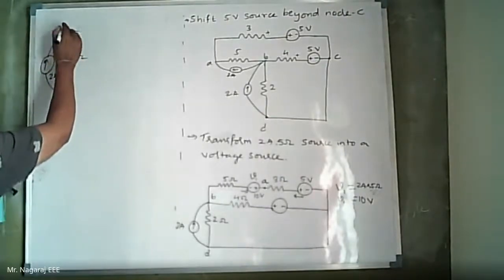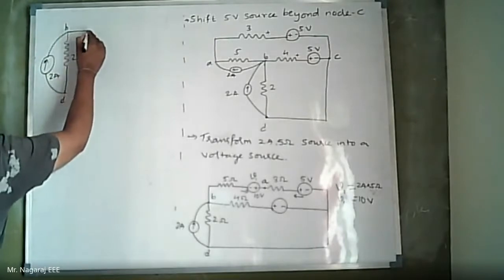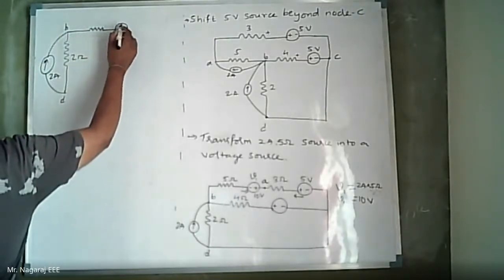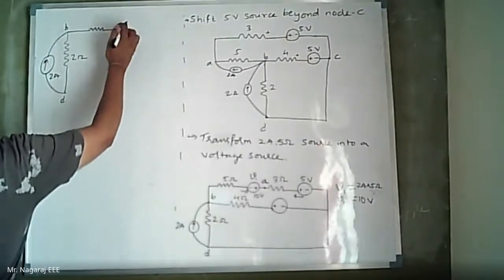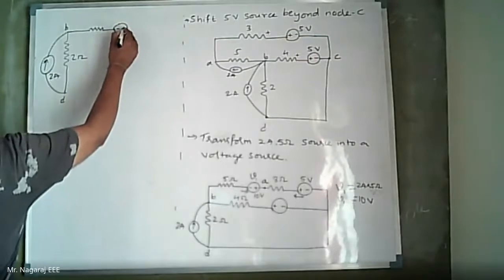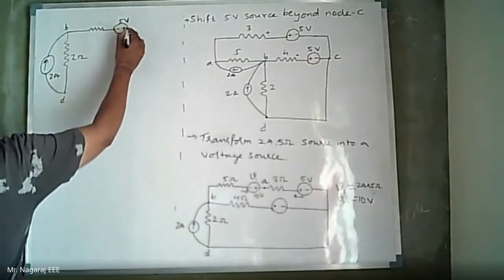So this is node B. Now the direction of the source is the direction of higher value. Plus, this is 5 volts.